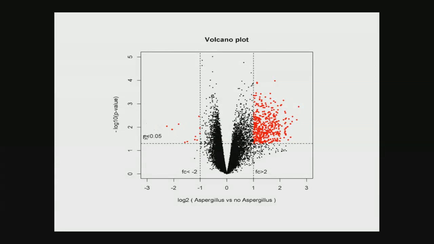But ideally, this should be the adjusted p-value. You log the adjusted p-value if you have anything. Any questions about the volcano plot? It's a nice visualization after you perform differential gene expression.